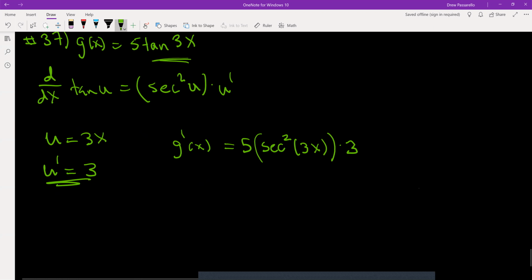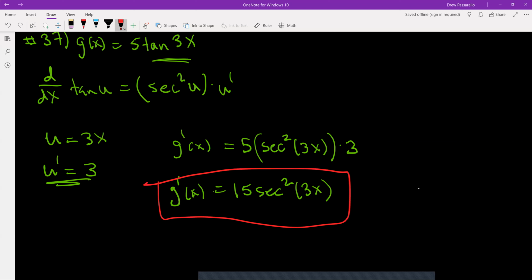All right, so I just do 3 times 5 to get 15. So g prime of x is equal to 15 secant squared 3x. All right, so that's how I do that one.